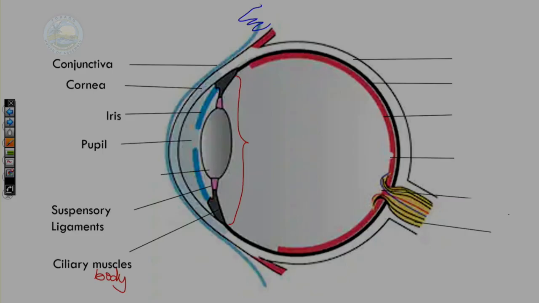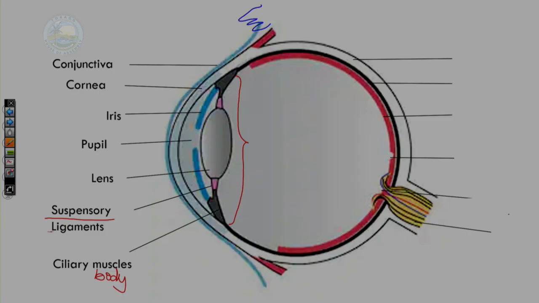Then we have suspensory ligaments and the lens. Here we have the lens, which is situated behind the iris. The suspensory ligaments are, as the words say, the ones that are suspending or holding the lens in place, and the muscle controls the entire movement of the lens and suspensory ligament.